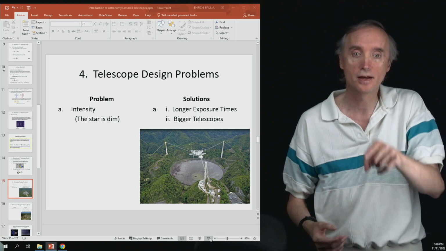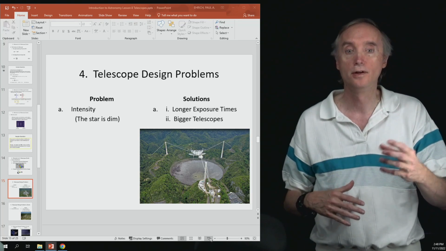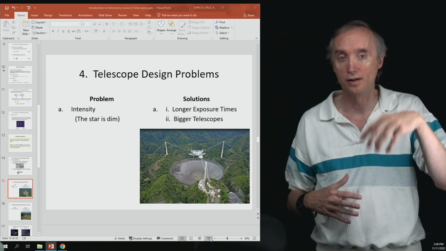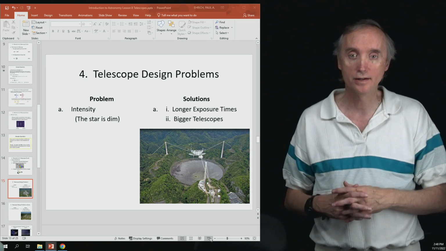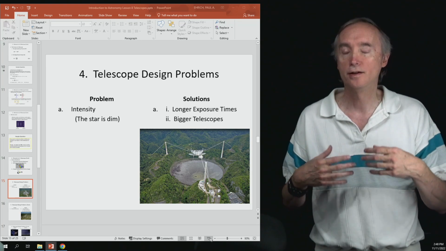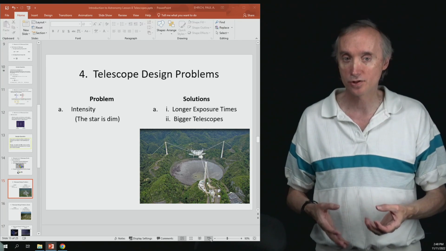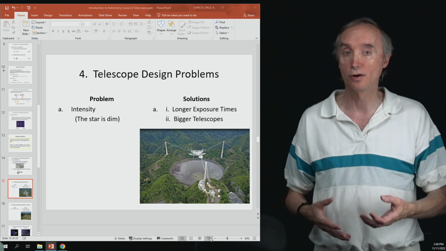And then by using that thing up there above it, they can also alter the direction that the light is coming in from and so forth. So that is a telescope design problem. We want to try to gather as much light as possible, and we can do it by using a bigger telescope.